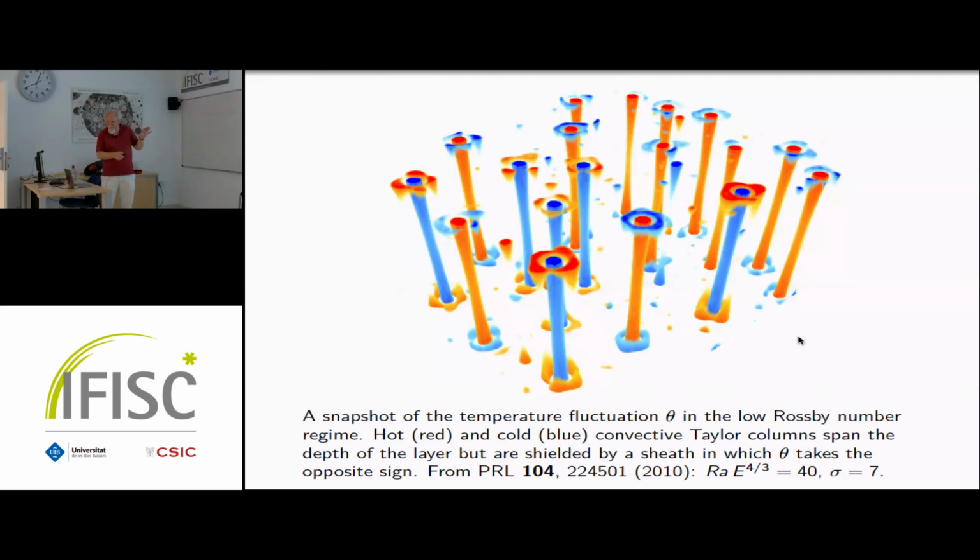So these are exactly the 3D analogs of the type of structures that we saw in the two-dimensional problem. You have one sign of vorticity and around it is a shield of the other sign of vorticity. And that means that these structures also interact very weakly because the circulation at large distances from them is essentially zero.